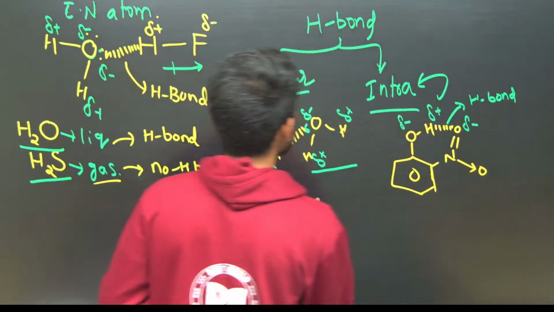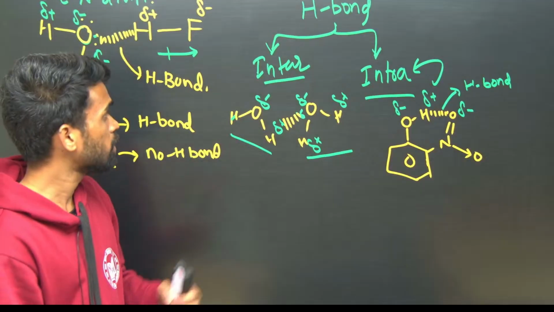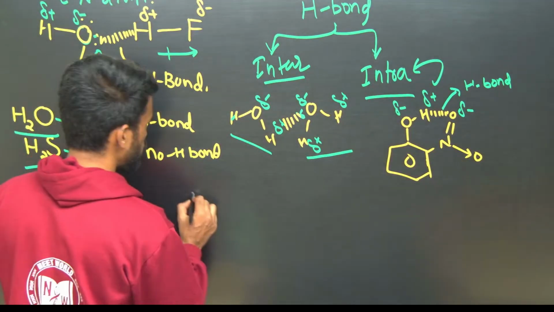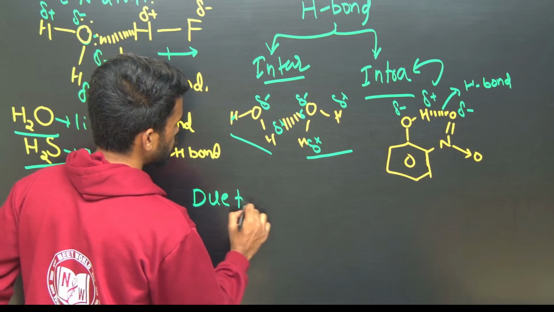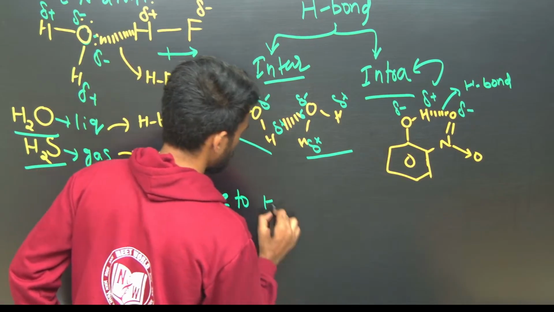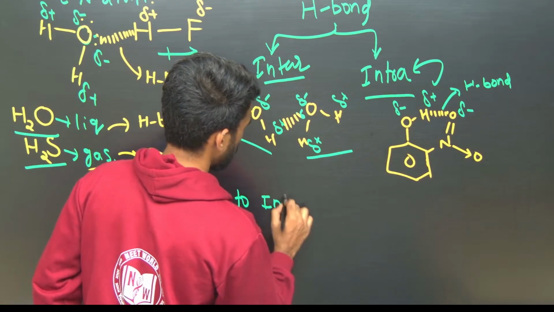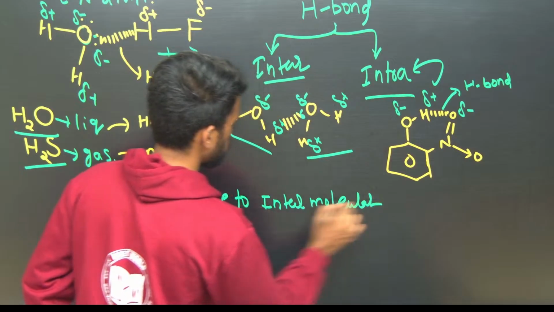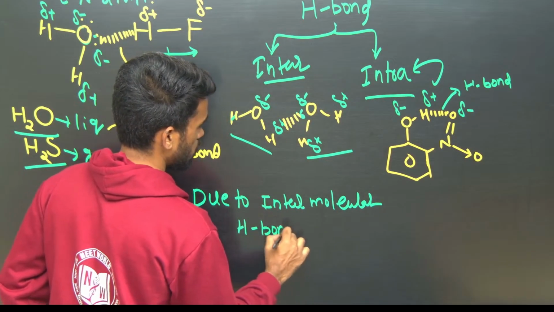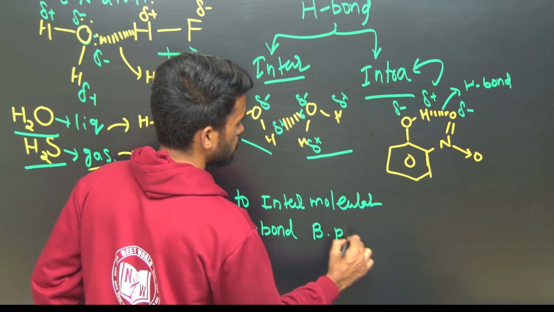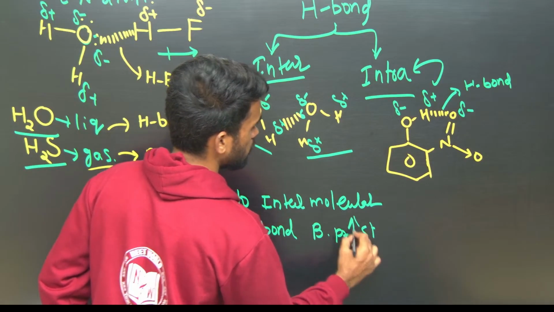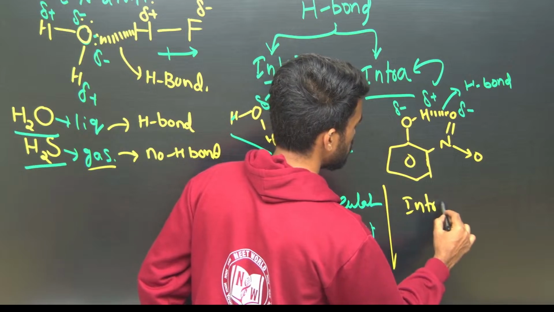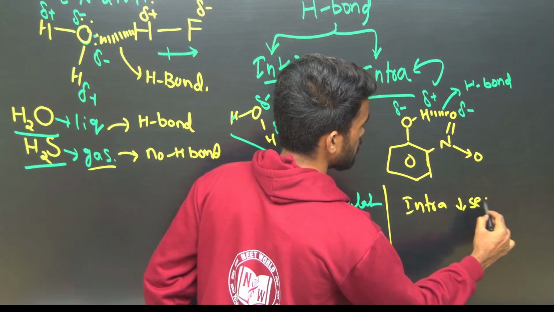Now due to this inter and intramolecular bonding, there are some applications. You know, the boiling points. Due to intermolecular hydrogen bond, the boiling point increases, whereas due to intra it decreases.